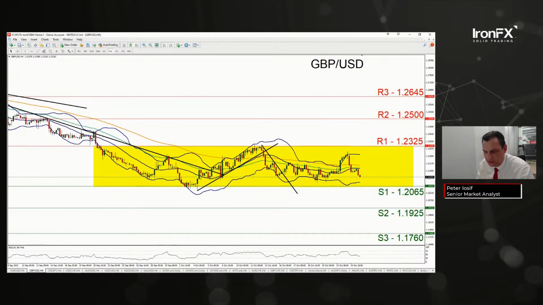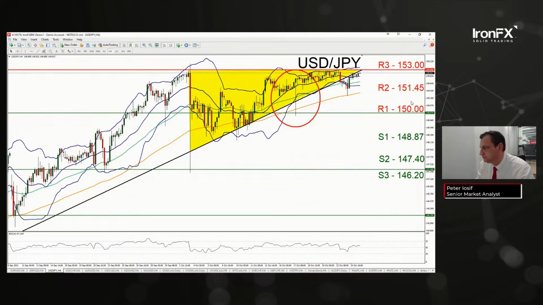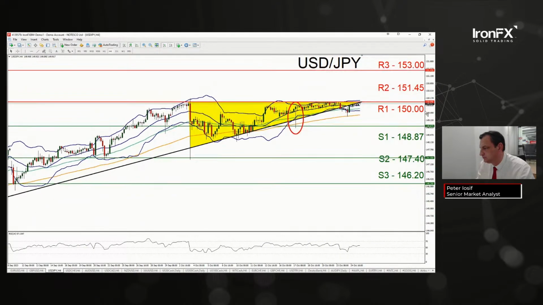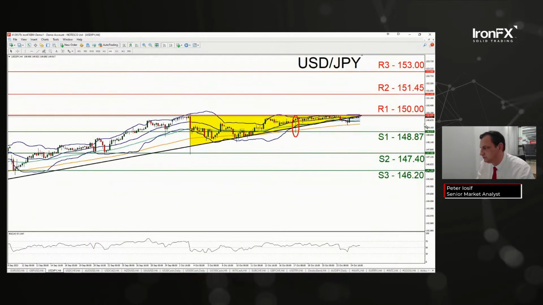Okay, let's have a look at USD/JPY. USD/JPY was able to rise and reach once again the cutoff point of R150.